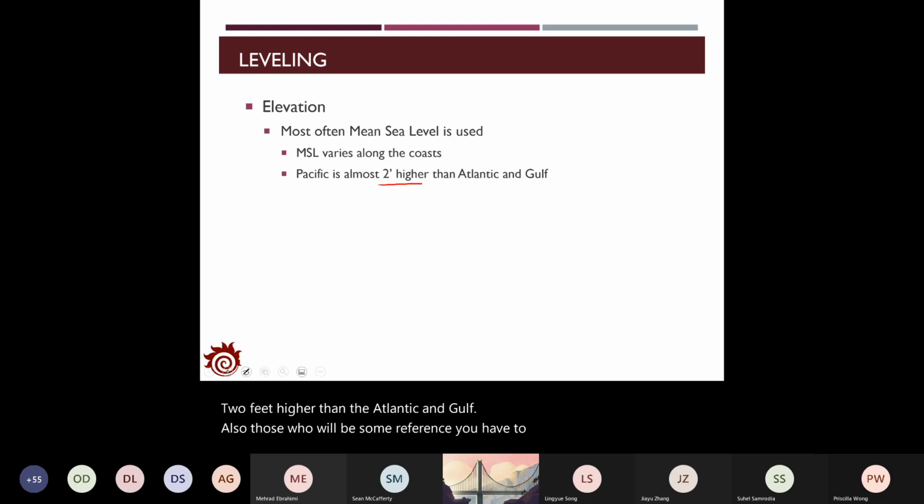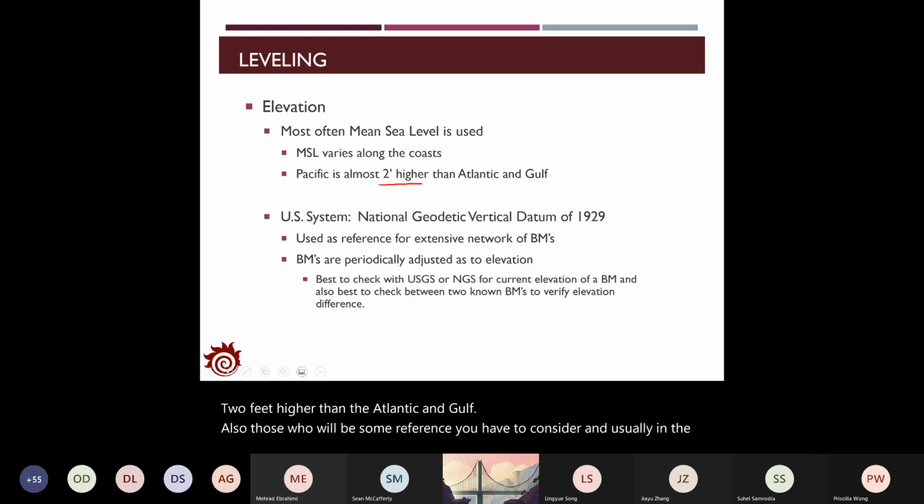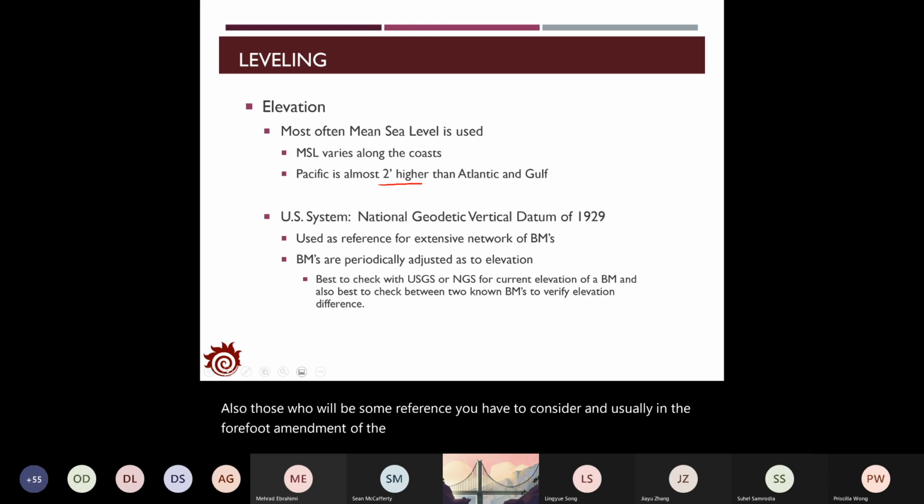And usually for the measurement of the elevation in the mainland and in the continent, we will need to use some standard points, which we define as benchmarks. For example, in North America, we will usually apply the US system, which is called the National Geodetic Vertical Datum, and this one was developed in 1929.